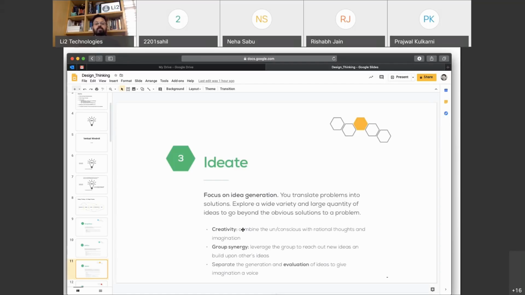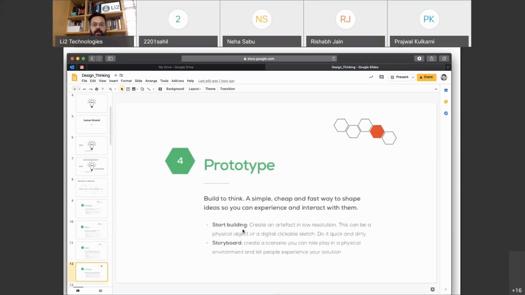So the next step is to prototype, right? Build to think: a simple, cheap, and fast way to shape ideas so you can experience and interact with them. So bringing your ideas to life is prototype. Here you do two things.